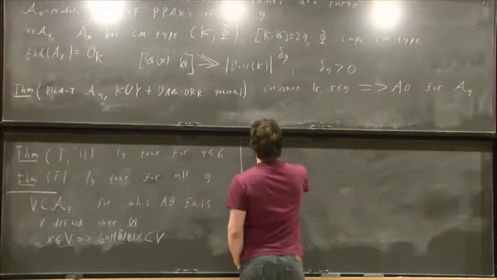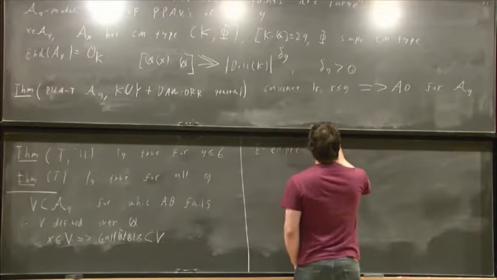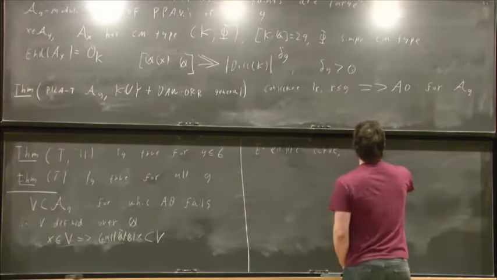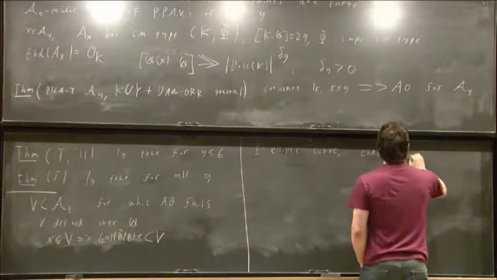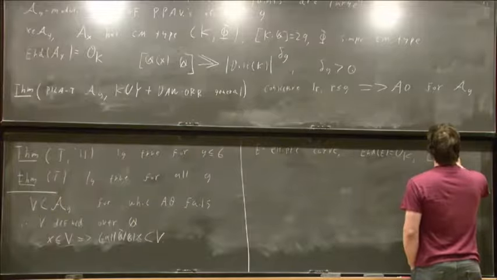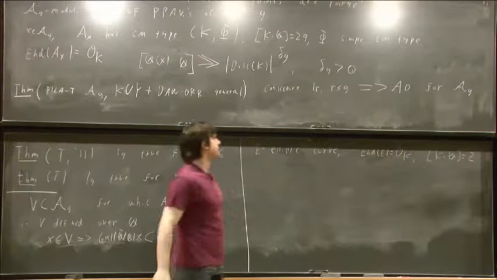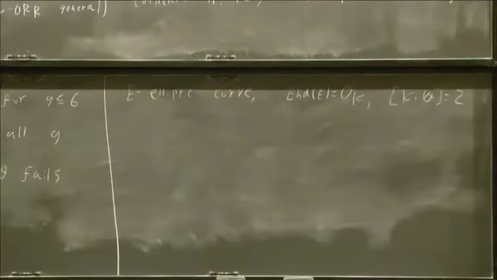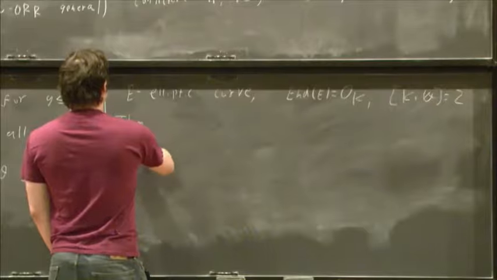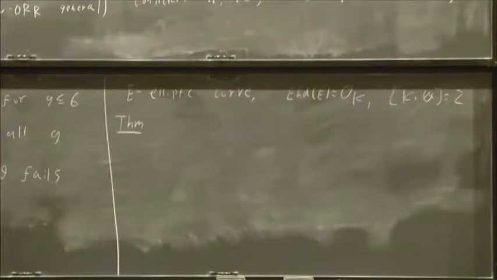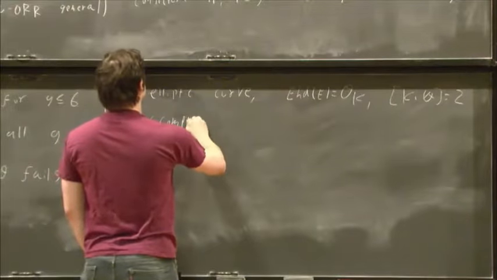So suppose E is an elliptic curve, and the endomorphism ring of E is the full ring of integers inside some imaginary quadratic field, K. So E is a CM elliptic curve. Then one has the following theorem. You can call this the theorem of complex multiplication, at least one of its incarnations.